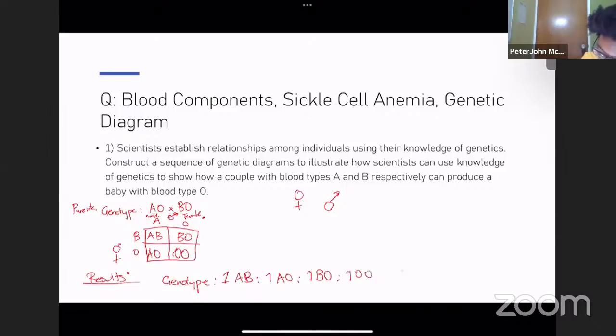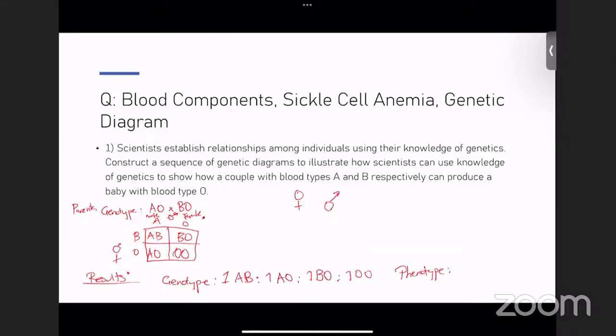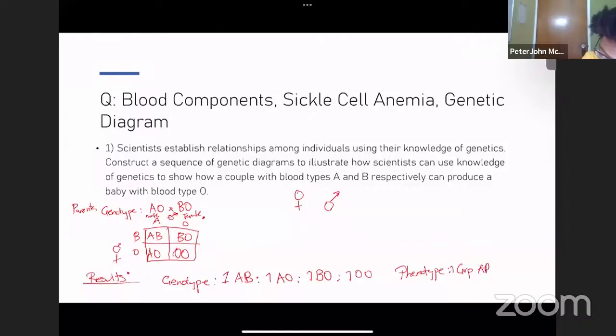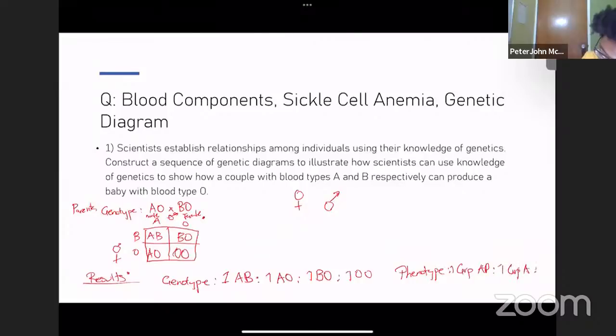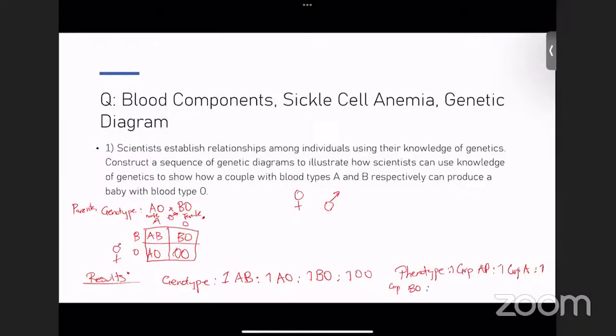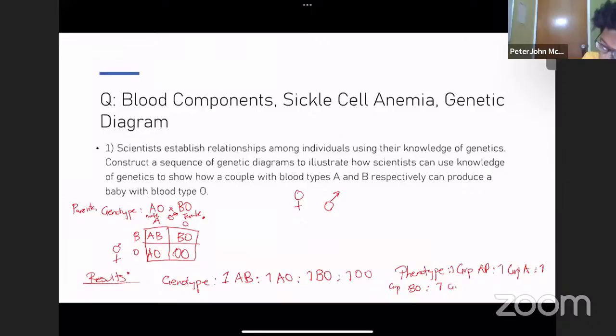And what are our phenotypes? Blood group AB. What's our next phenotype? 1 group A. What's our next phenotype? 1 group B. What's our next phenotype? 1 group O.